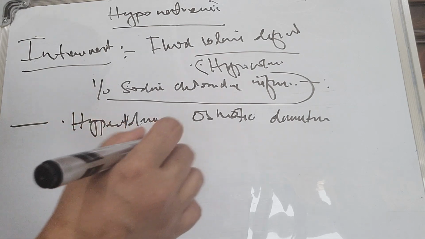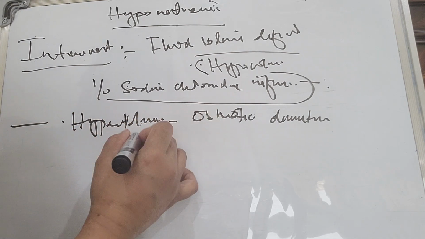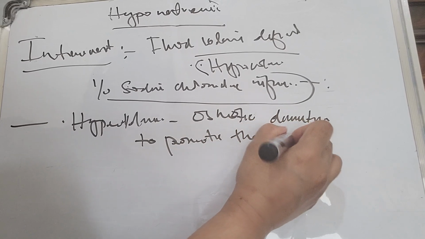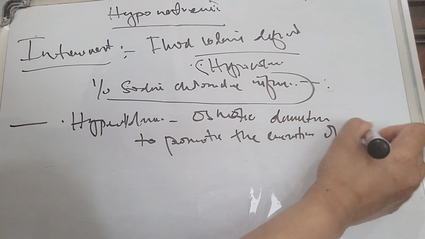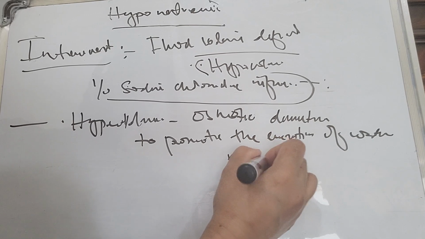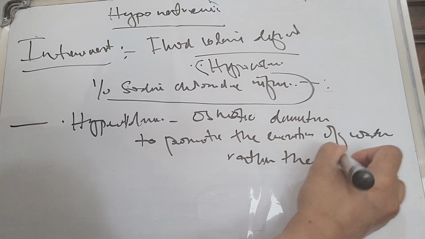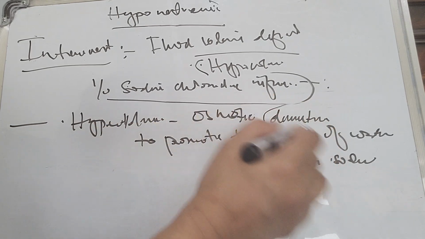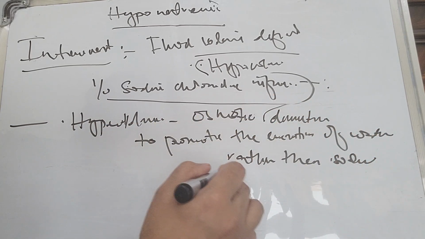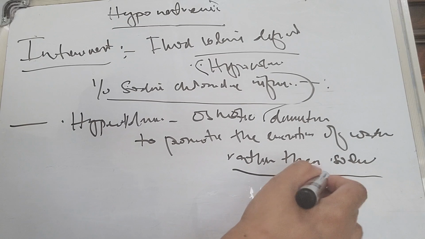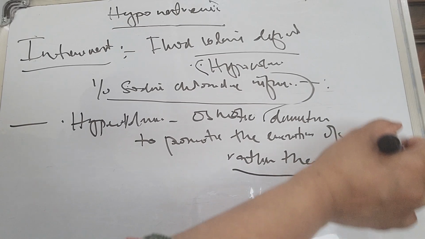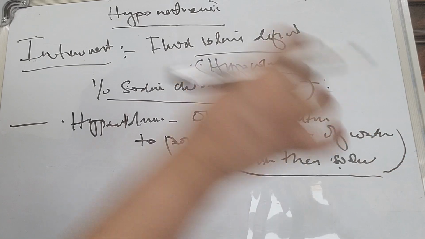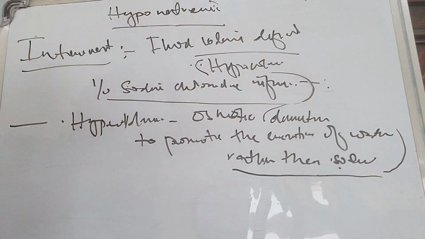To promote the excretion of water rather than sodium. So these osmotic diuretics will excrete only the water, not the sodium. It will help hyponatremia patients. Sodium will stay but the water will be excreted.